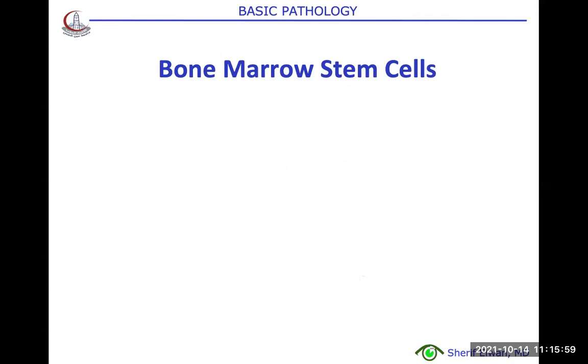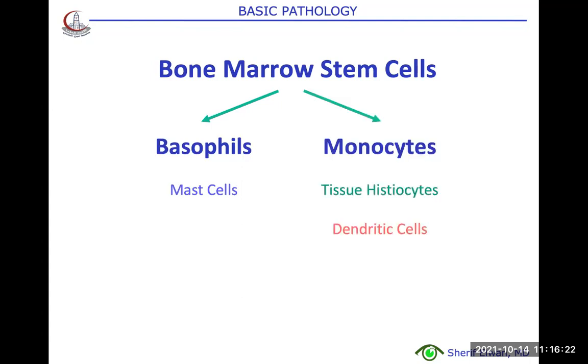Bone marrow stem cells are the cells that settled in the bone marrow coming from the peripheral blood. I'm saying again that if you take a sample from the peripheral blood in your veins or arteries, you find these cells, but the bone marrow stem cells are rather different. Basophils, when they come to the tissue, form the mast cells, and monocytes, the non-granulated variety, form the tissue histiocytes and the dendritic cells.